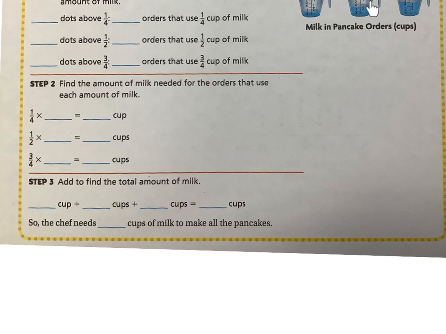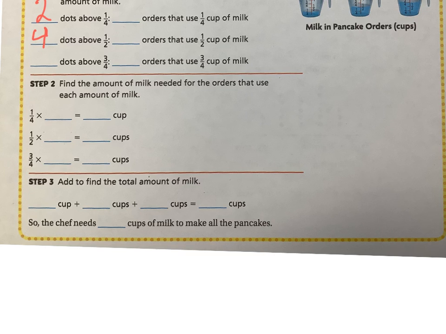Well, let's go over here. We have 1/4 here. How many dots do we have above 1/4? We have 2. So we're going to fill in our blanks. 2. All right, next is how many dots above 1/2? Well, if we go over here to 1/2, we're going to count it. 1, 2, 3, 4.